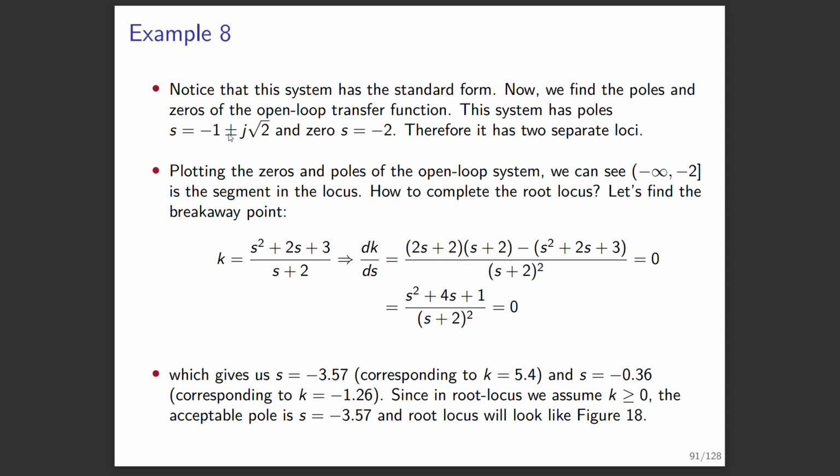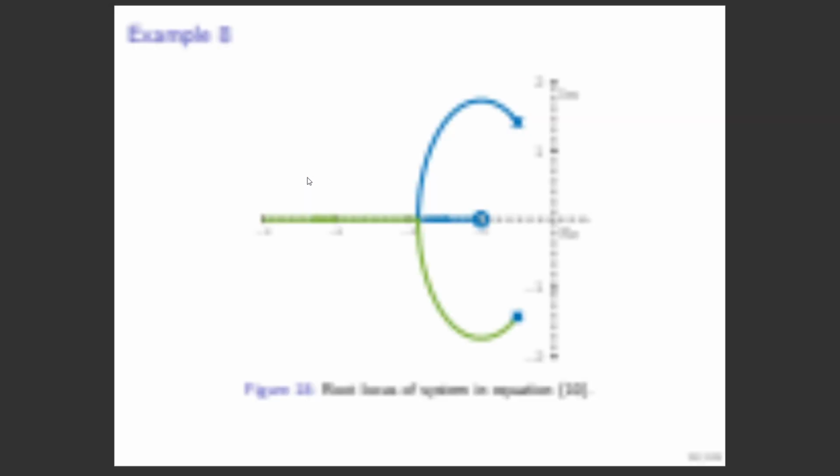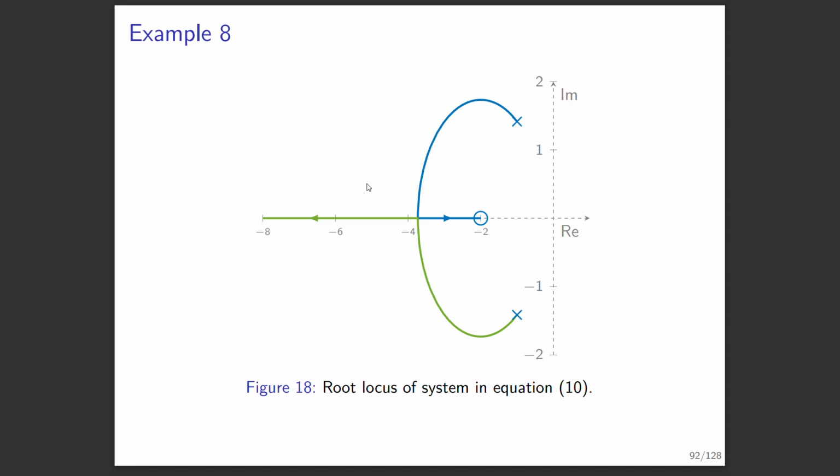Now, if I try to plot zeros and poles of the loop transfer function, this is the finished work, but just for a second, consider we don't have these colors and anything on the map. I place poles and zeros here, and then I determine where on the real axis is in the locus. On the right-hand side of -2, I have nothing up to this point, or between -2 and -1, I have two poles.